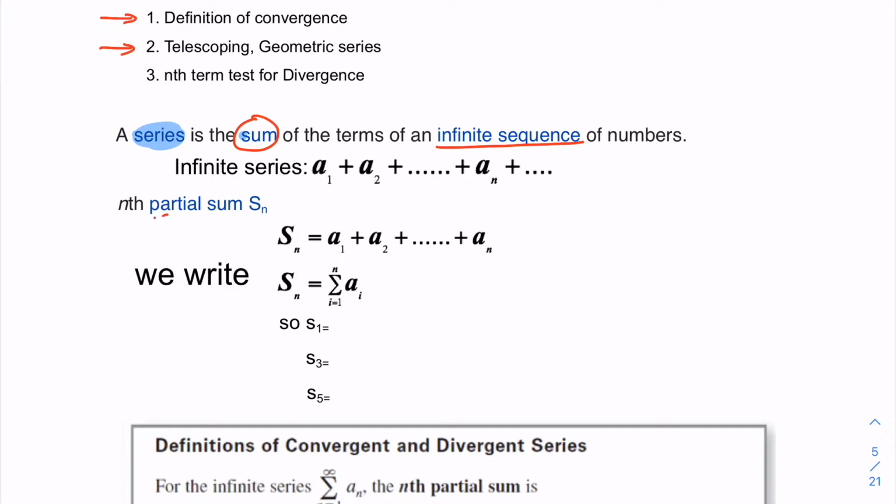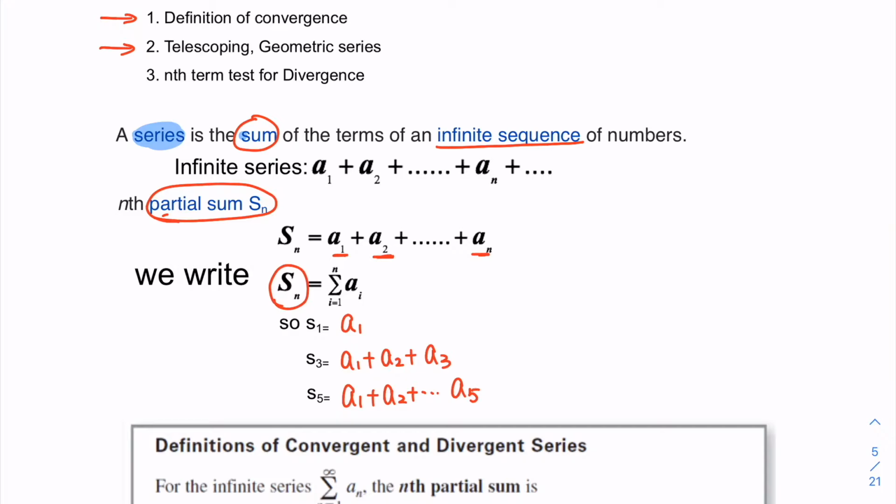The nth partial sum S of n is given by the sum of the first n terms. For example, S of 1 is the first term, which is a1. S of 3 will be a1 plus a2 plus a3. S of 5 will be a1 plus a2 until a5. So this is what we call the partial sum.